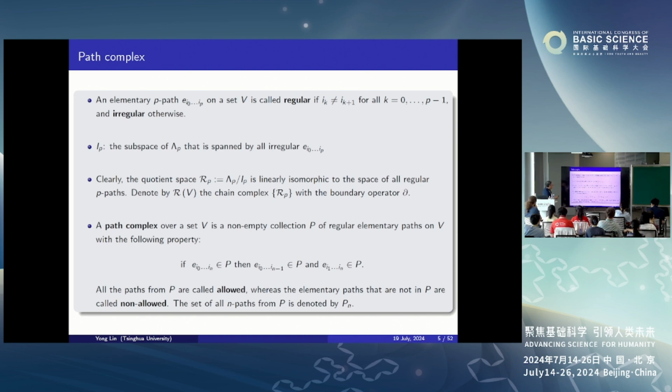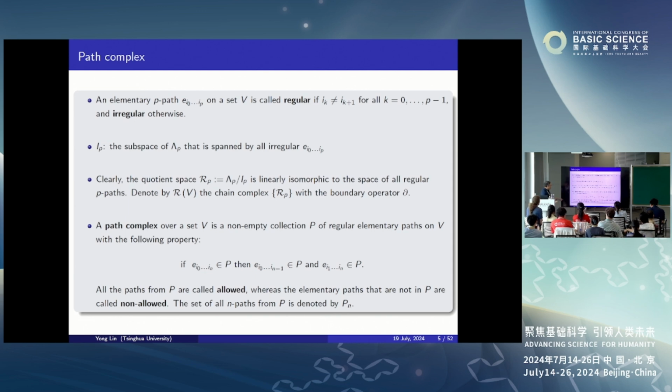We require the p-path to be regular. That means every consecutive index ik is not equal to ik+1 for any k from 0 to p minus 1. Otherwise, we call it an irregular path. We use I_p to denote all the irregular paths.